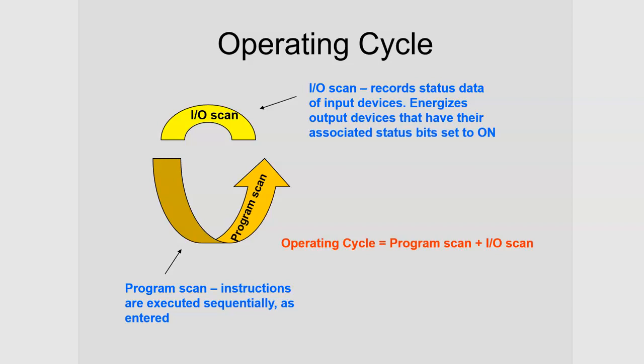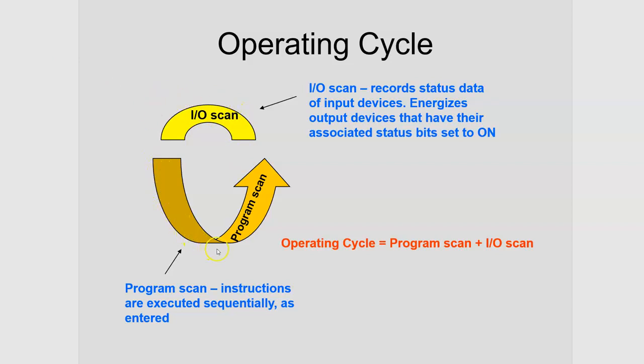If that switch is open, then the input image table is updated to a 0 if it's not already a 0. If the switch is closed, that bit position mapped to that particular screw terminal is changed to a 1 if it's not already a 1. If it's already a 0 or a 1, it'll remain in that particular state. So that's the I/O scan part of the operating cycle.